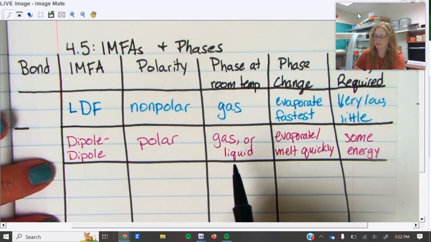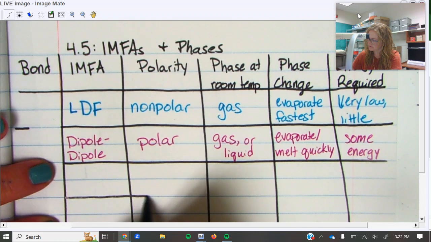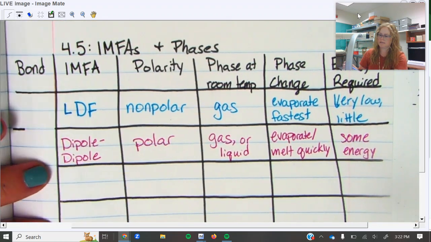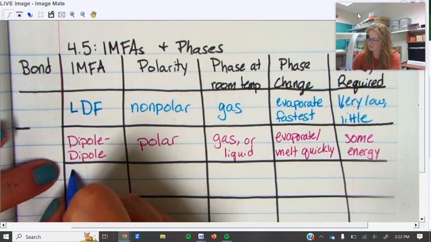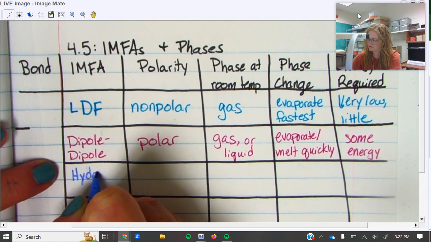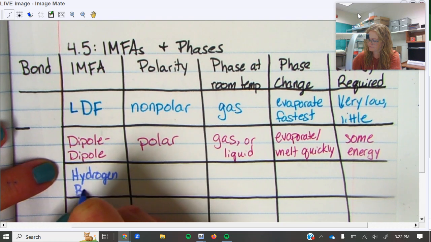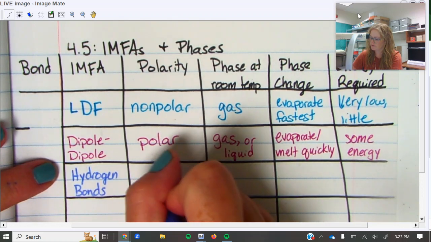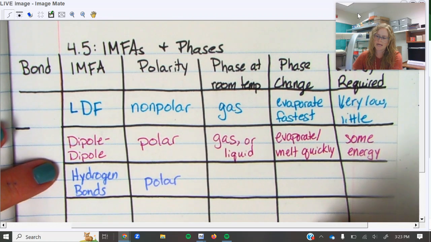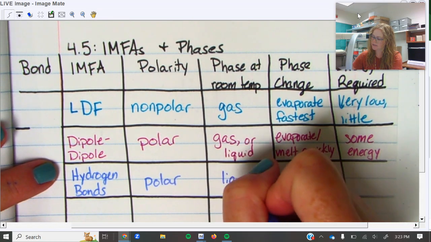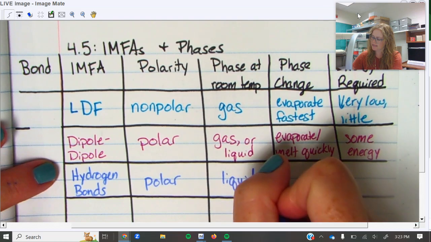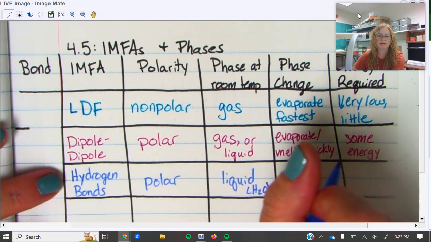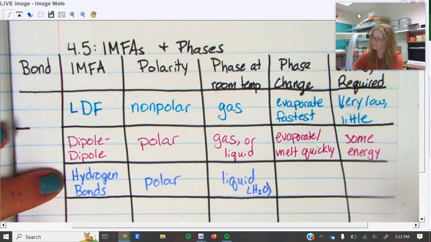My last one is hydrogen bonds. And hydrogen bonds are in polar molecules. And they are usually liquid at room temperature. Think H2O. That's our best example of a hydrogen bonded IMFA.